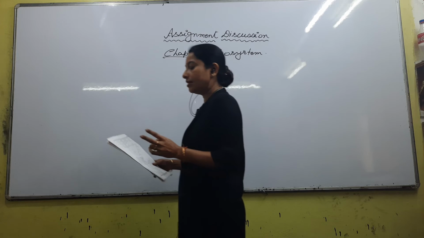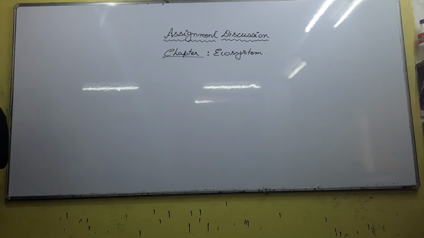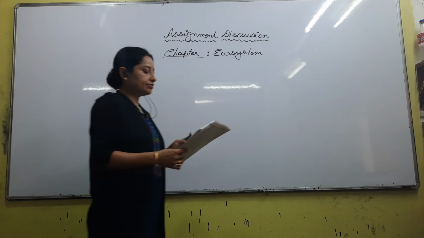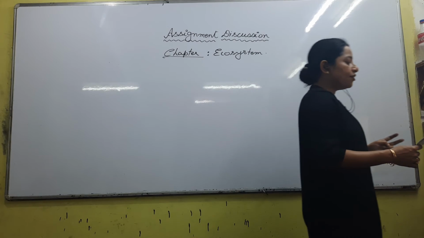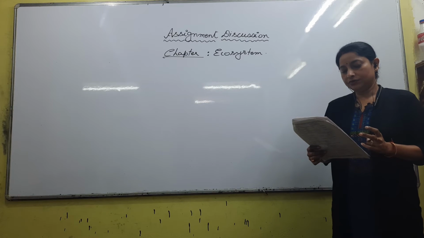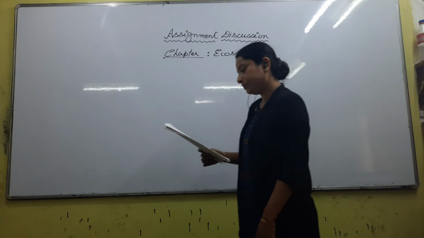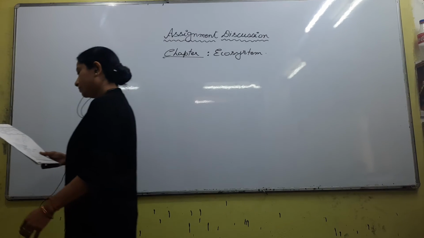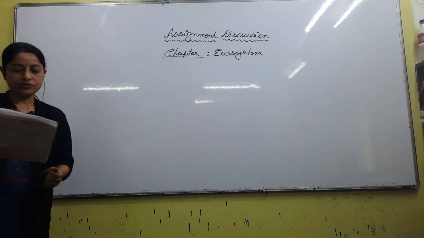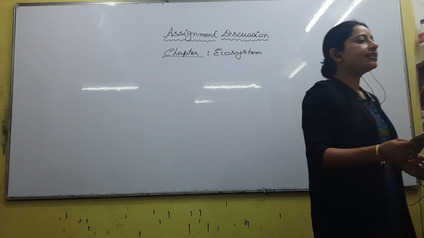101 fragmentation. 102 not a gaseous cycle, phosphorus. 103 plant, insect, frog, cobra, a snake. 104, we did this question in class, A. 105 not a functional unit of an ecosystem, stratification.